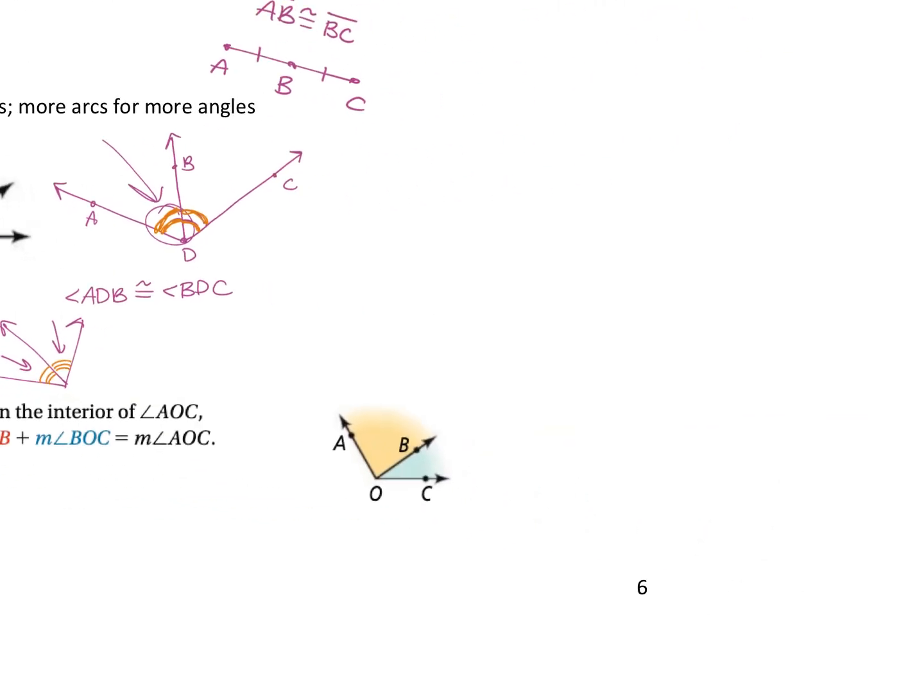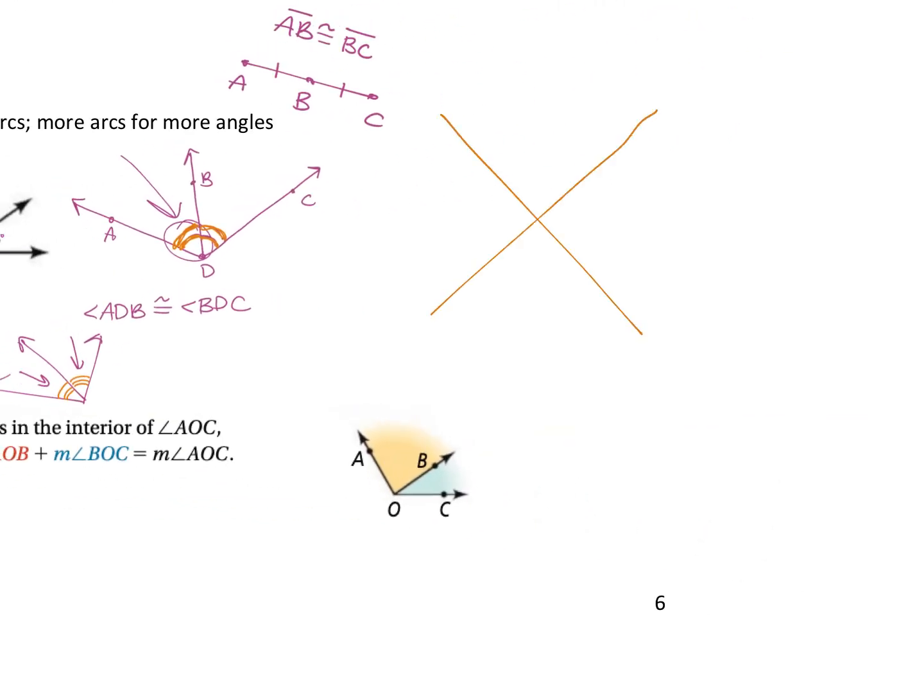Here, let me show you this. What if I gave you just a big, huge picture? Okay, if I wanted to mark angles congruent here, those 2 I have marked congruent right now because they have 1 arc, right? These 2 would be congruent because they have 2 arcs, right? And then these 2 would be congruent because they have 3 arcs.